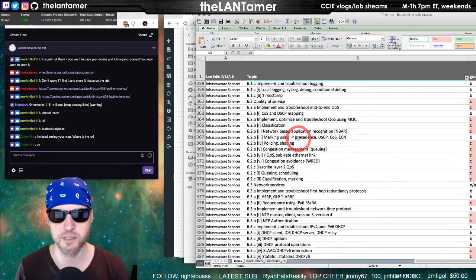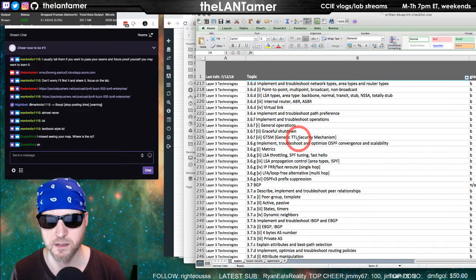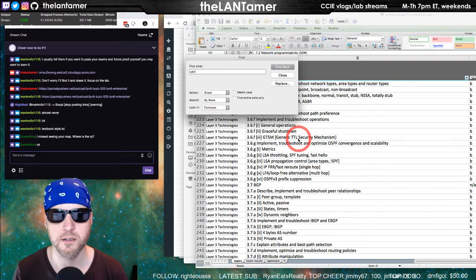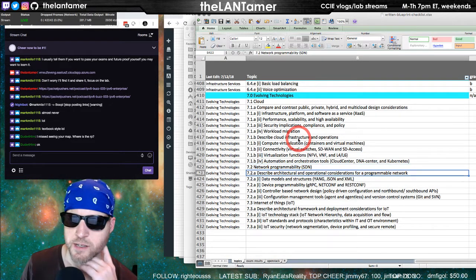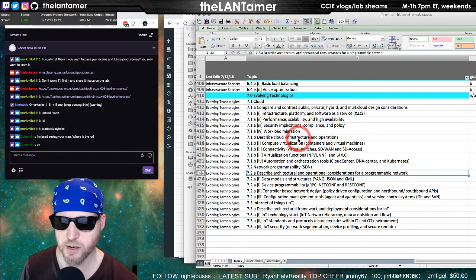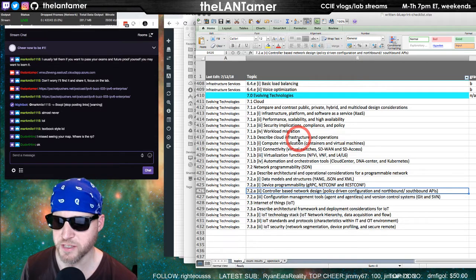Let's see here, SDN. Okay, network programmability, SDN. Describe architectural and operational considerations for a programmable network. Data models and structures. Device programmability. Controller-based network design.